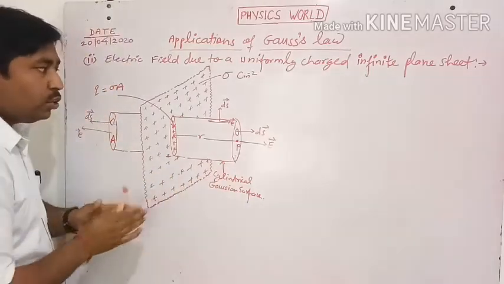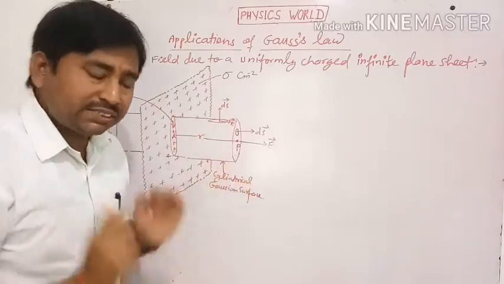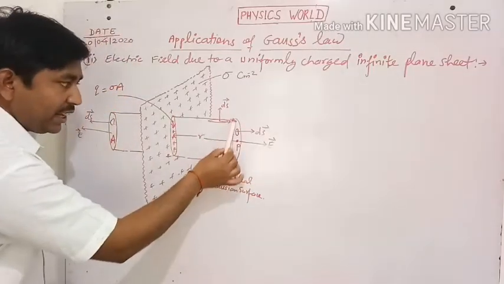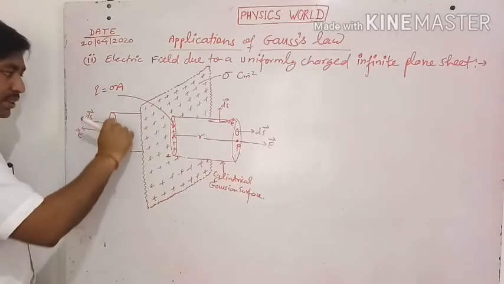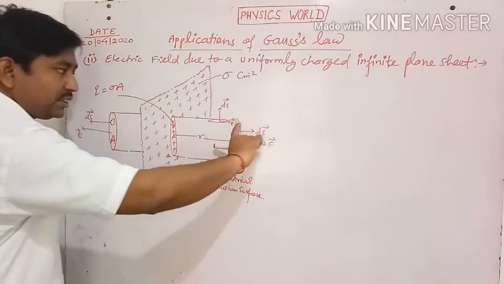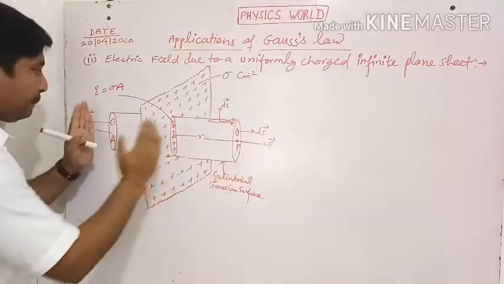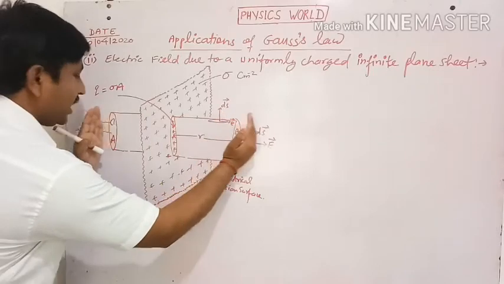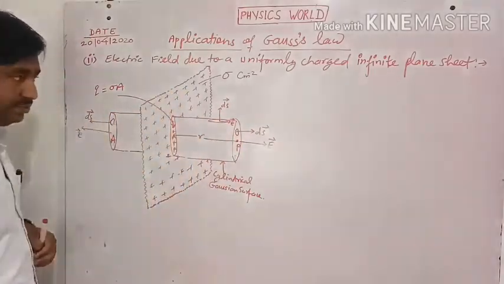For this, we consider a cylindrical Gaussian surface of cross-sectional area A. The cross-sectional area of the cylindrical surface is A, and the plane ends of this Gaussian surface are parallel to the thin plane sheet.